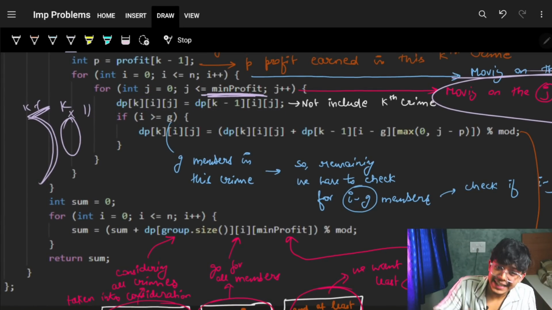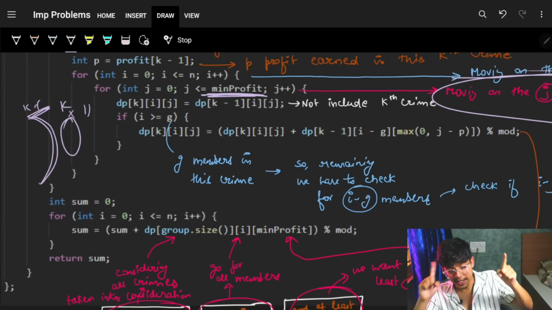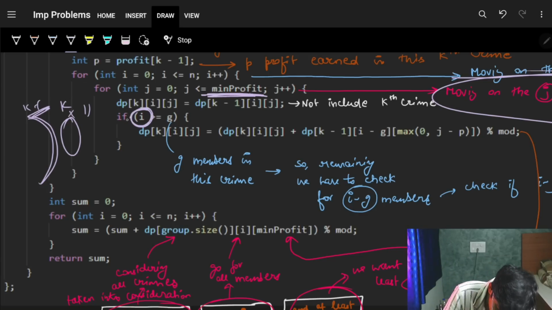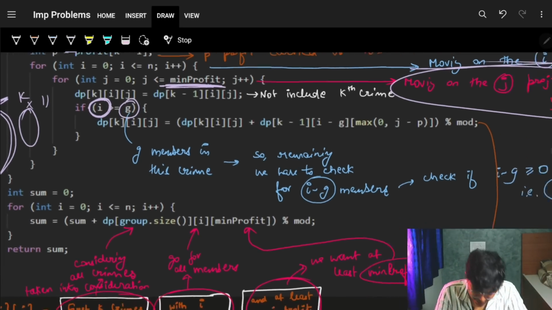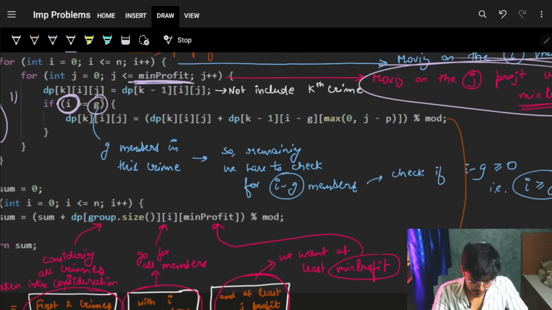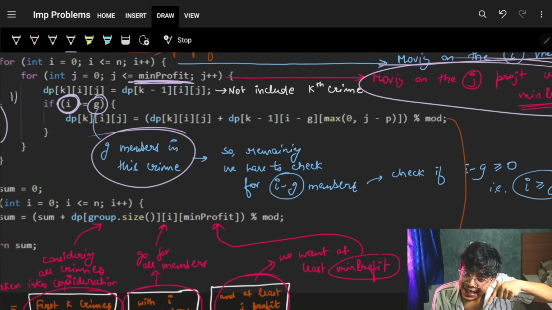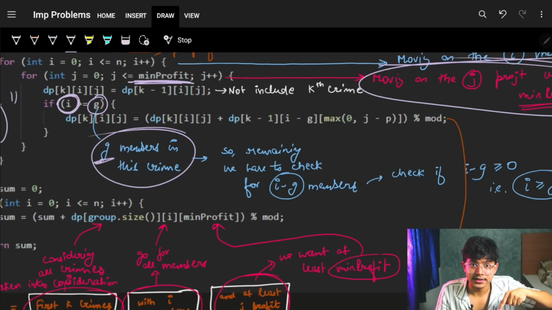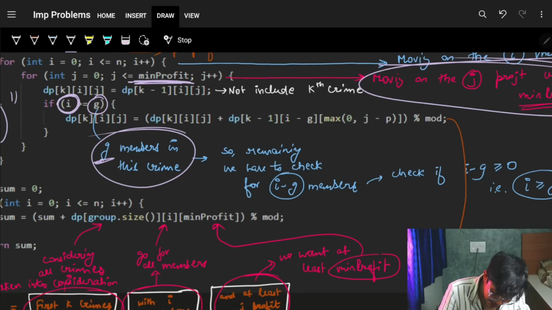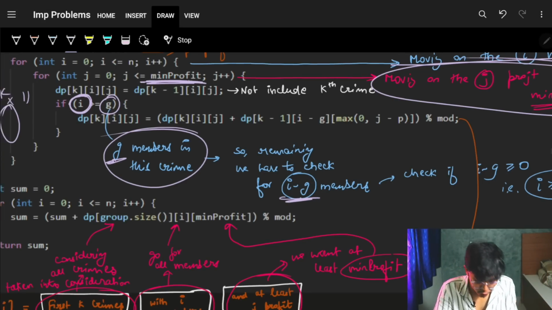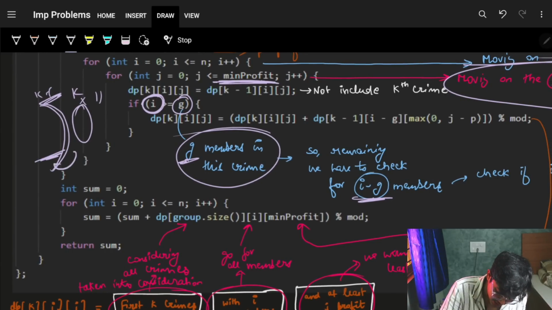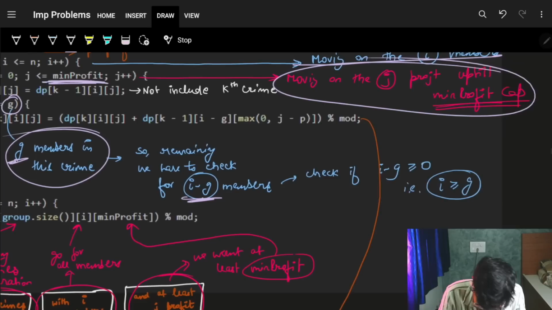While if I include this crime, I have to make sure that my number of members should be more than or equal to this. Why? Because what you remember is that right now in this particular crime K, we have G members. So the number of members remaining would be I minus G, which I have to look for in the last of my iterations.